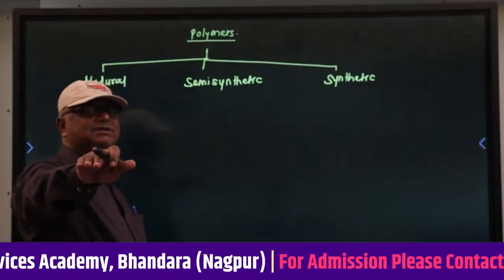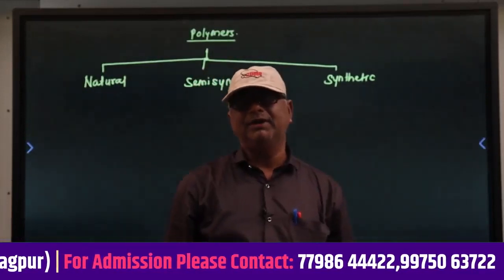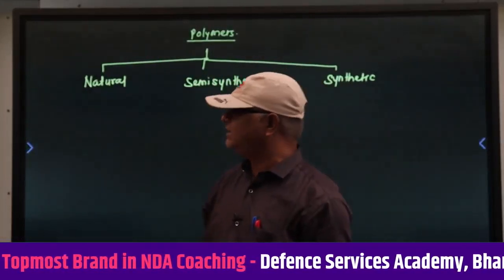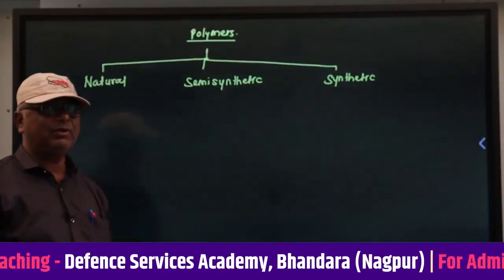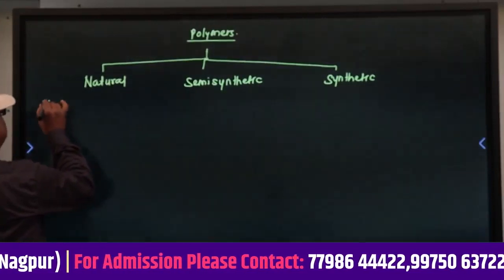The polymers which are obtained from natural sources are known as natural polymers.